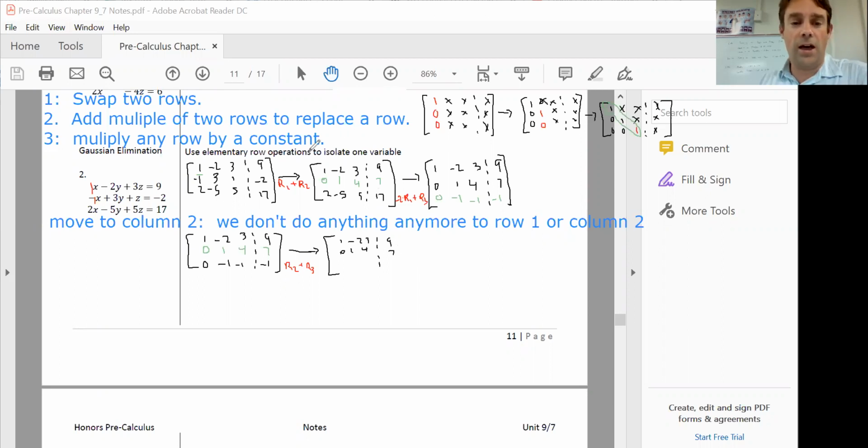All right, so I'm going to add my second row to my third row. First of all, 0 plus 0 is 0. 1 plus negative 1 is 0. Now I got my 0 underneath there. 4 plus negative 1 is 3. 7 plus negative 1 is 6. We've now finished off the second column.